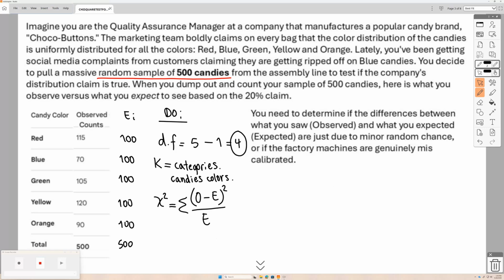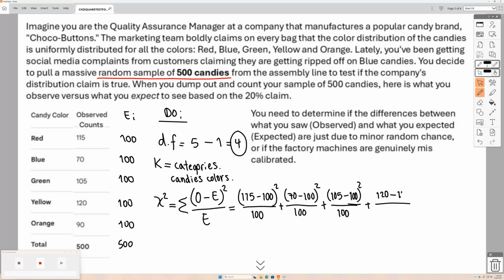Example: 115 minus 100, the difference squared divided by 100, plus the difference of 70 and 100 squared over 100, plus the difference of 105 and 100 squared divided by 100, plus the difference of 120 and 100 squared divided by 100, plus the difference of 90 and 100 squared divided by 100.